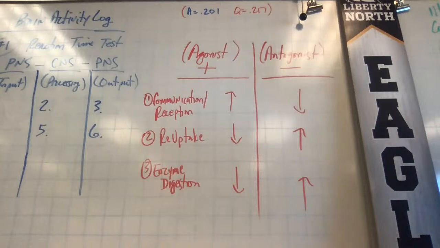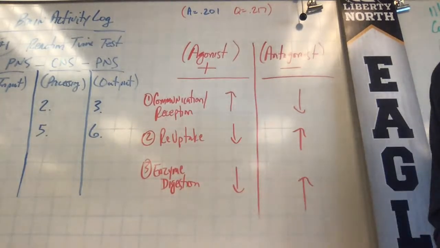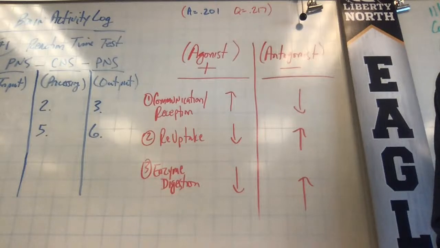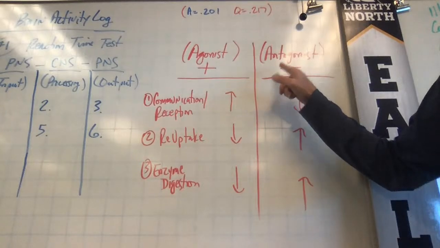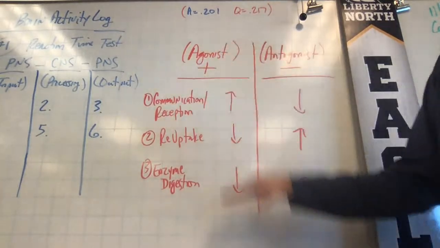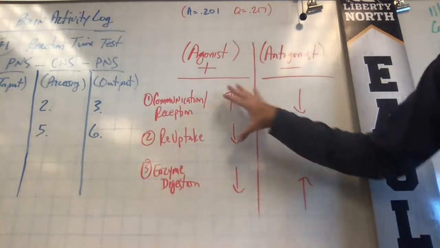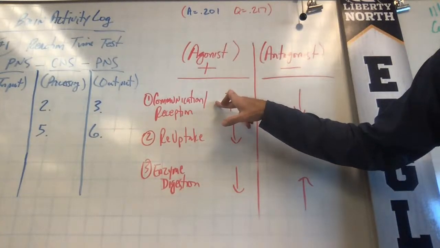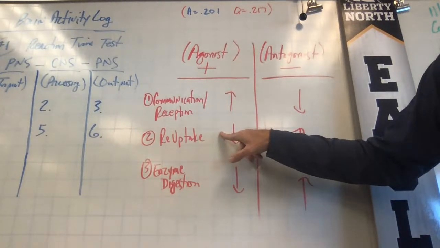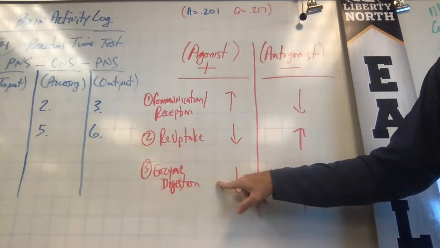Since these are the three things that happen, these are the three mechanisms I can manipulate in the brain chemistry to help individuals who need more or less of a neurotransmitter. To increase the neurotransmitter, I'm going to increase communication and reception, decrease reuptake, and decrease enzyme digestion.